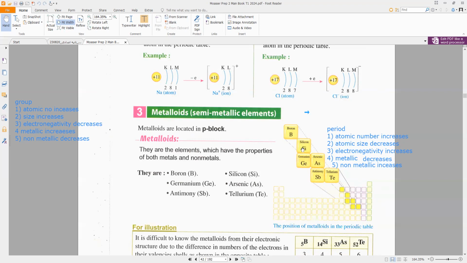These six elements are called metalloids because they have properties between metal and non-metal. They are shiny and lustrous like metals, but some of them do not lose electrons like metals. They can gain or lose electrons. So they have some properties of metals and some properties of non-metals, and we call them metalloids, between metal and non-metal.